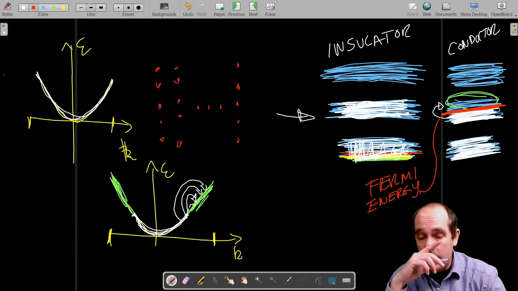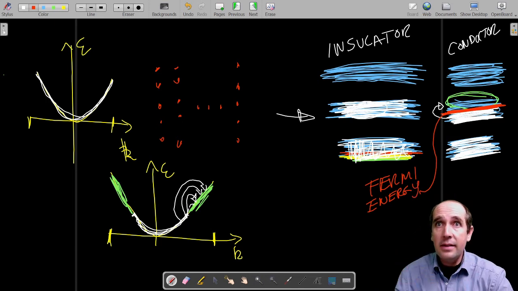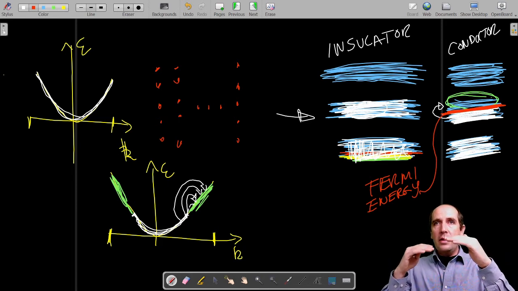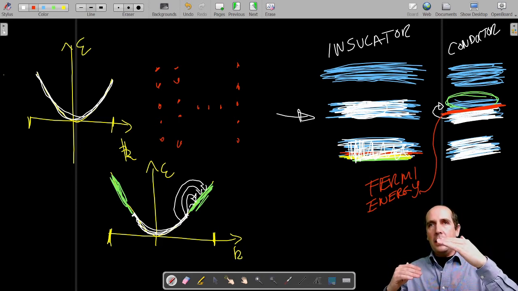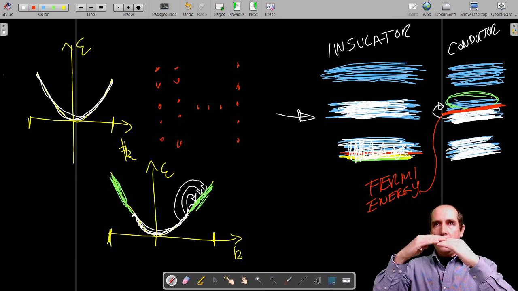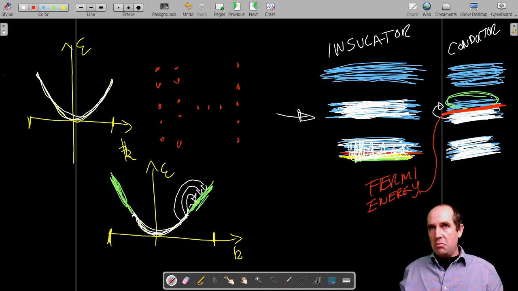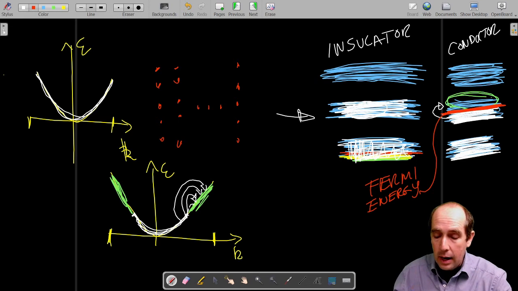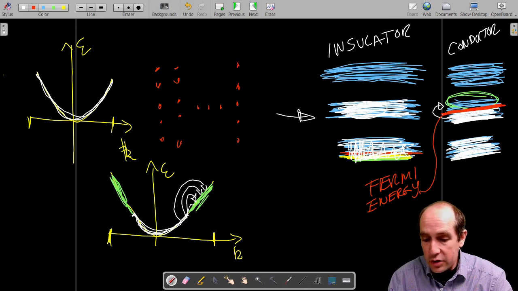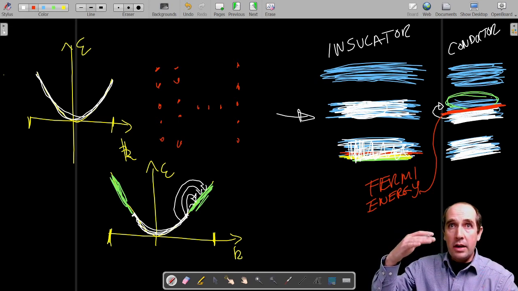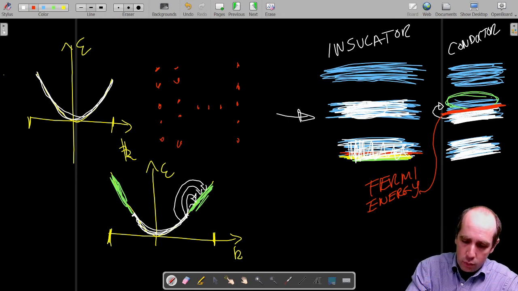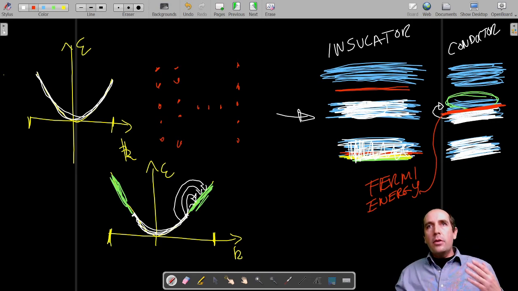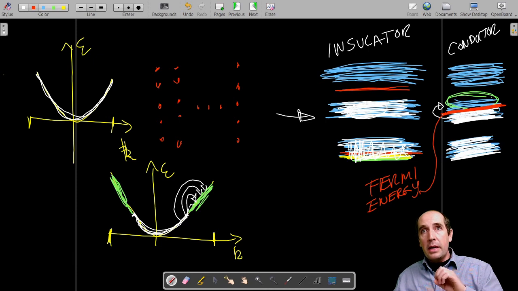So the Fermi energy is basically the energy that separates the highest occupied level from the lowest unoccupied level in a solid state system. And the Fermi energy can be within a band, or it can be in between two bands. So the Fermi energy could be here, and depending on this, the material will be either a conductor or an insulator.